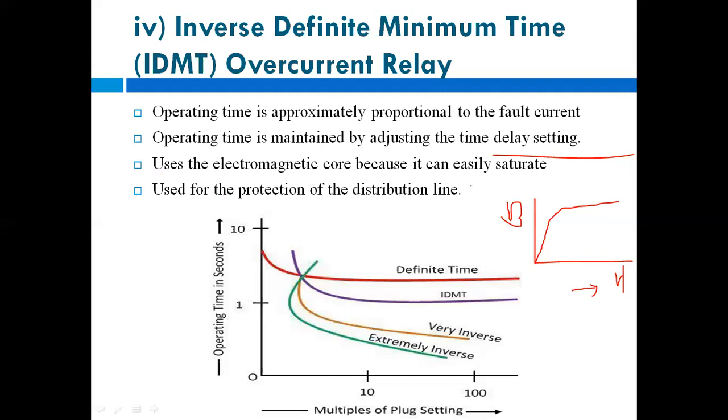We need this saturation so that your relay will start operating. So this relay uses the electromagnetic core, and it is used for the protection of distribution lines. These IDMT relays are used for protection of distribution lines. So this is your IDMT characteristic.